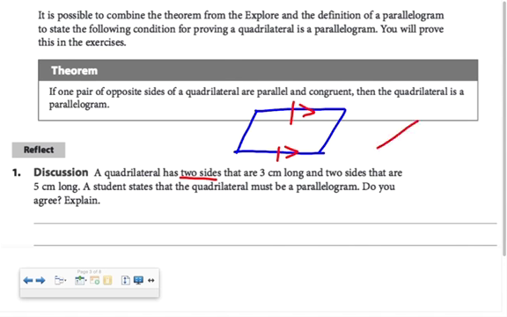This could be a kite, which is a figure that we'll talk about later on in this module. But based on the description, this could be what we're looking at, and that is not a parallelogram. Okay, so no, it could be a kite.